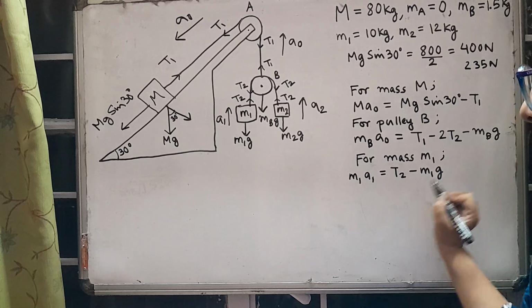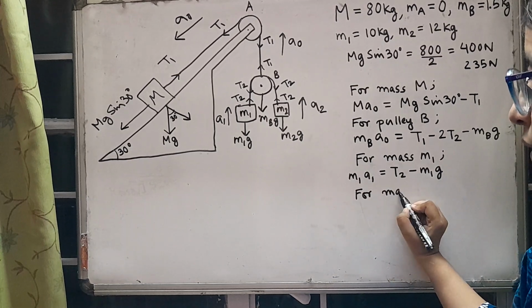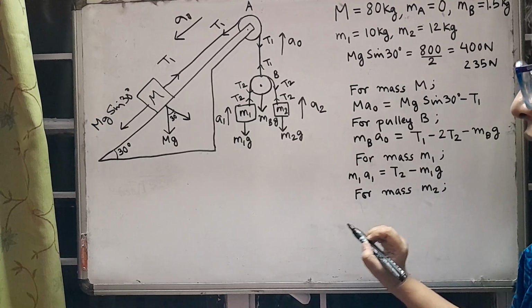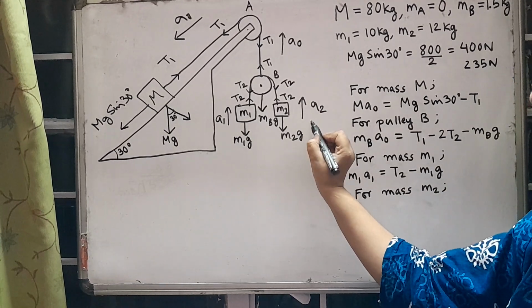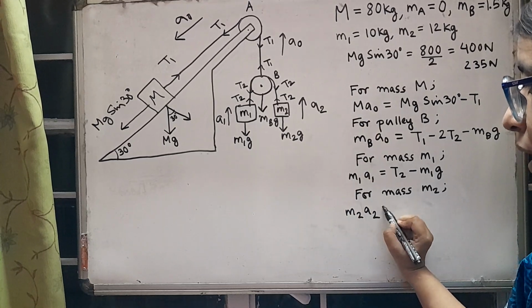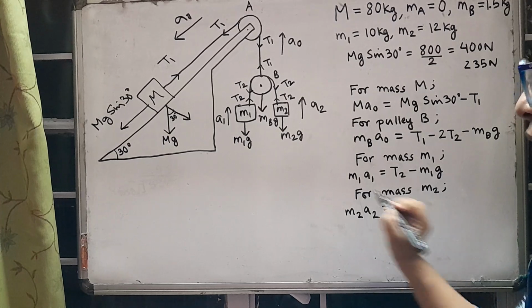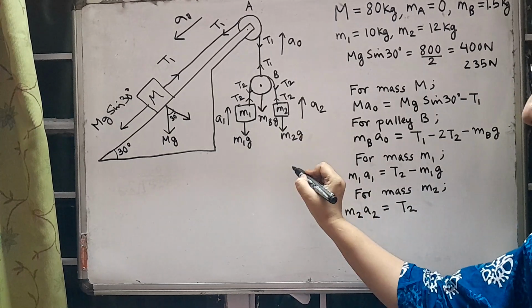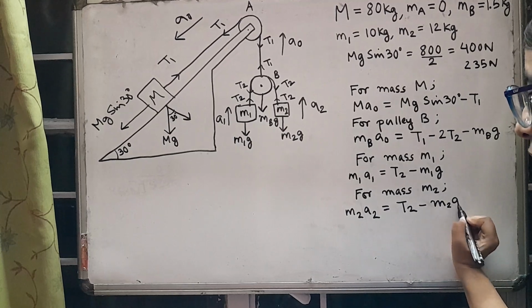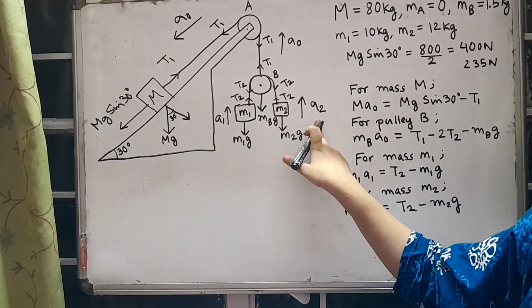And for mass M2, acceleration is in this direction, so M2 A2 equal to T2 in this direction minus M2 g, which is opposite.